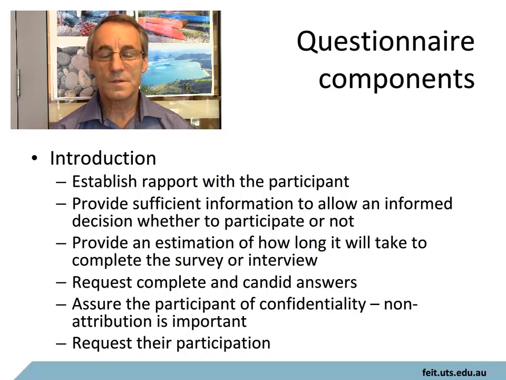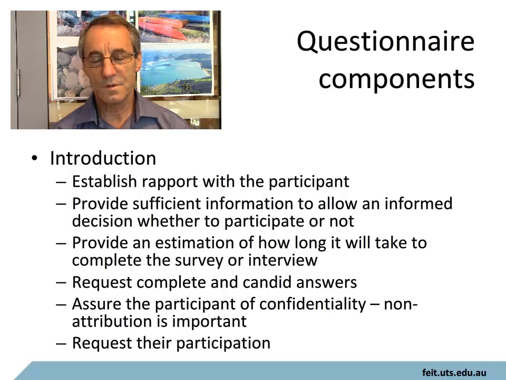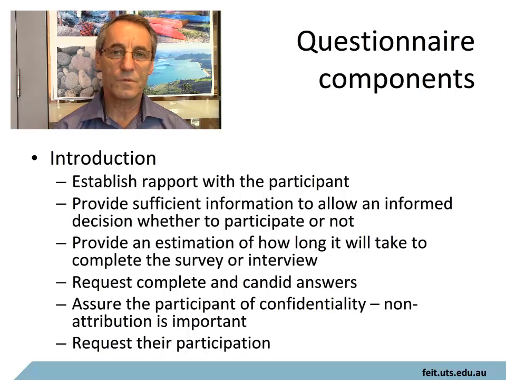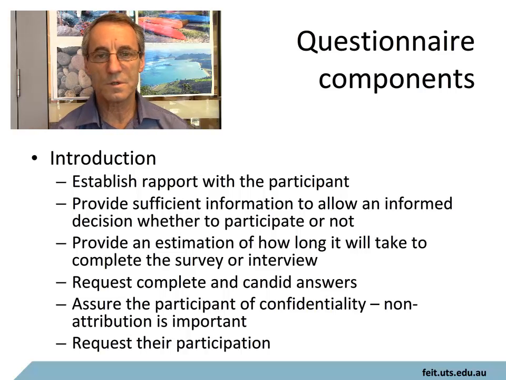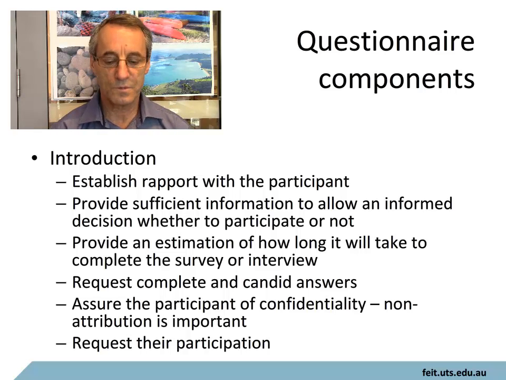This is now a requirement of pretty much all questionnaires, and if you're doing a questionnaire out of this university, informed consent is absolutely necessary. So that means you have to inform the person of the research, the purpose of the research, their participation, whether they can opt out at any time, which they always can, and request their consent to participate.